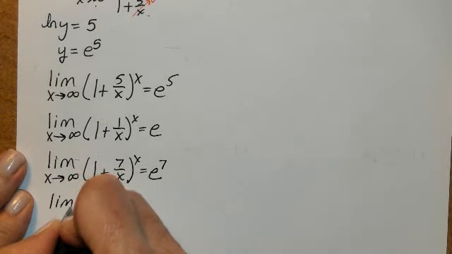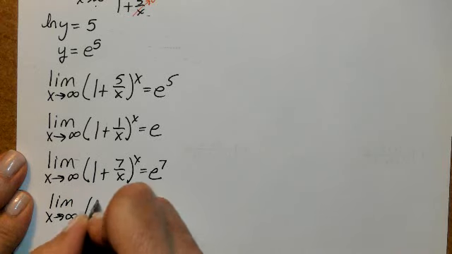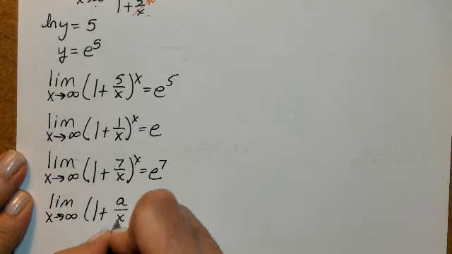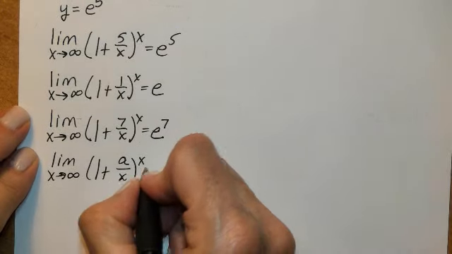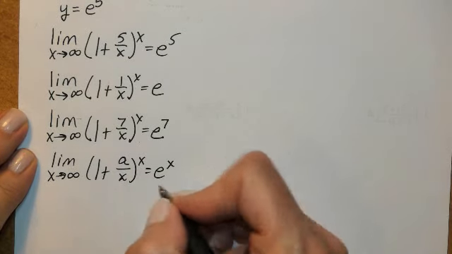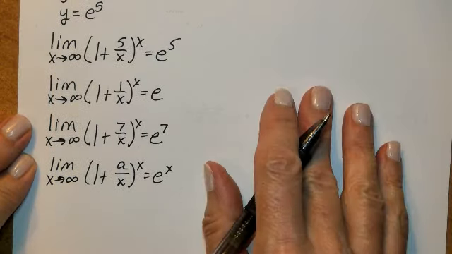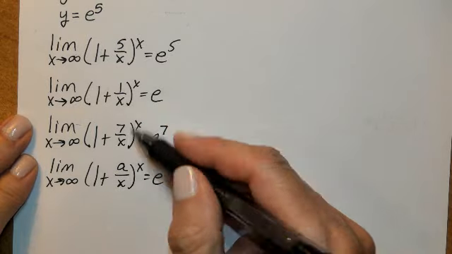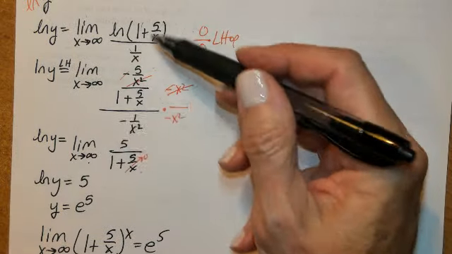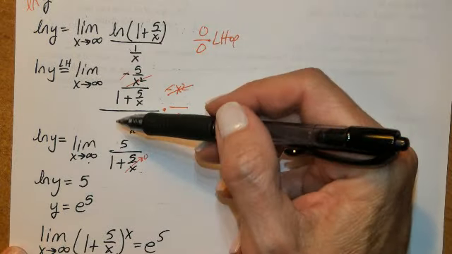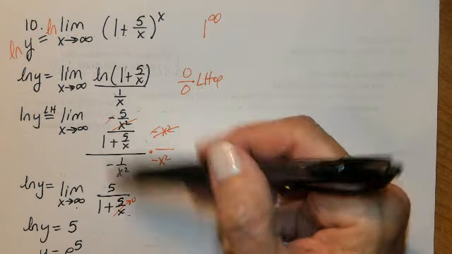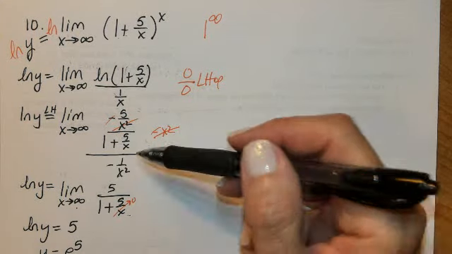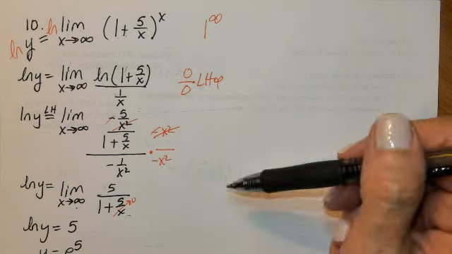So the limit as x approaches infinity of 1 plus a over x to the x is equal to e to the a. Now if you know this, then you don't have to show this if it's a multiple choice question. I'm sorry, if it is an FRQ question, then show me your work.